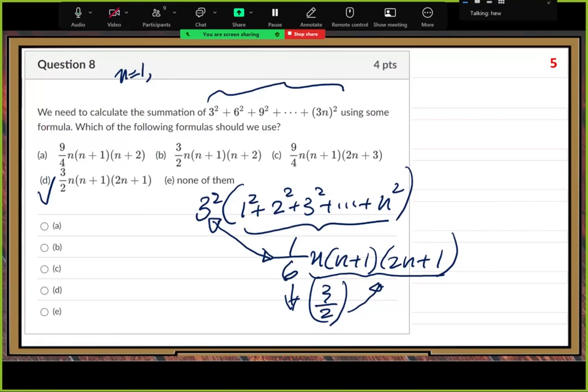Because plugging in 1, you can get the answer of that summation, right? When n equals 1, you know that number. Then you plug it into each of the formulas in the 4 given options and see which one can be eliminated. If 2 numbers do not match, you can eliminate.